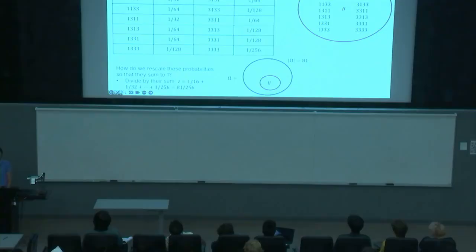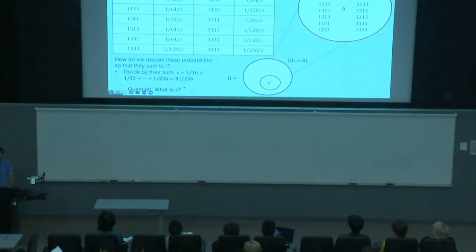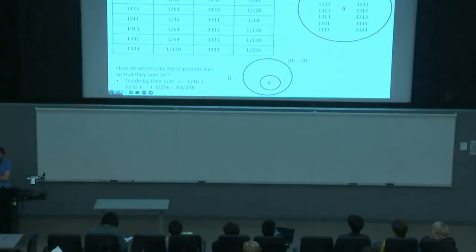So in other words, to go from the unconditional probability, omega, these are all uncontroversial, to the conditional probability on B, I want them to sum to 1. So to get that, I divide everything by Z, which is the sum of all the original probabilities. And then I guess the question is, what is Z? Like, what is the sum of the original probabilities?